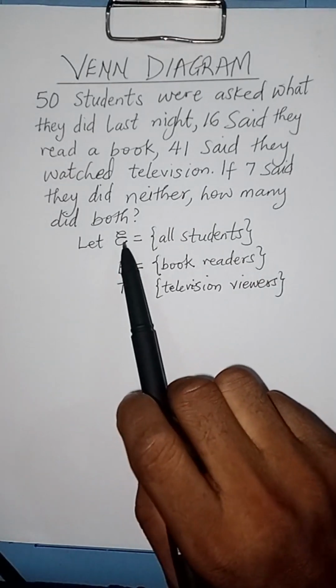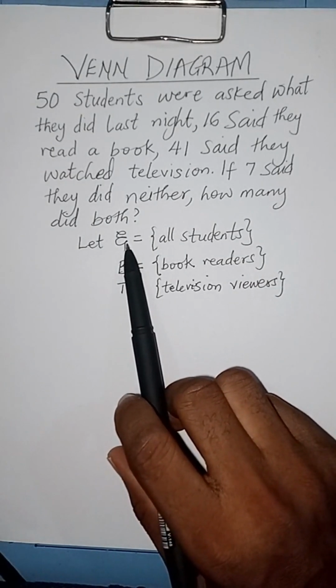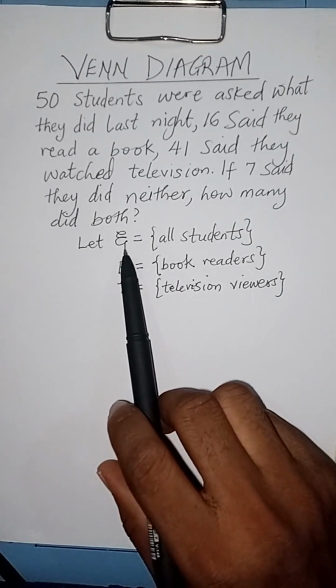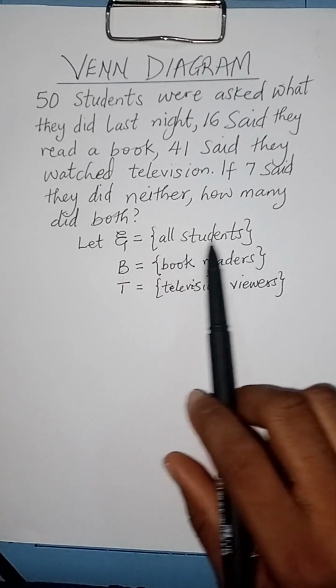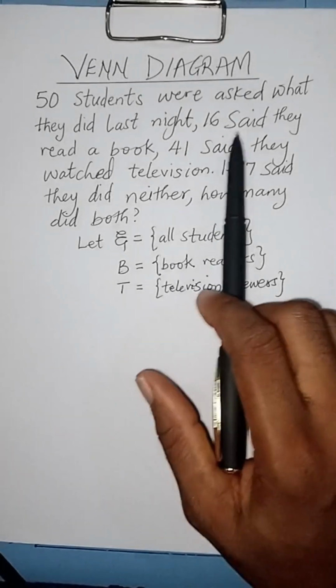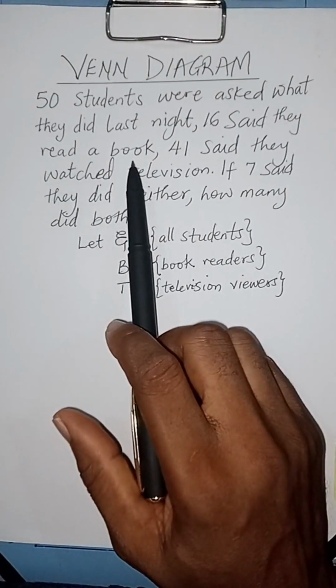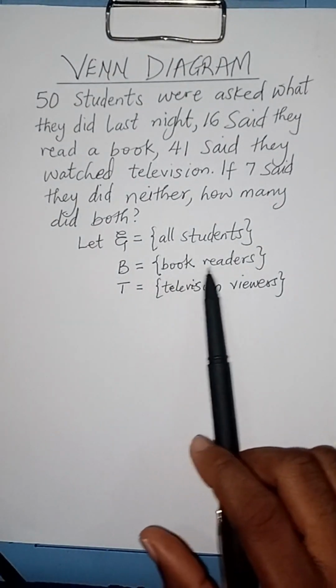Recall this symbol is the universal set, and that universal set stands for all students, so the entire 50 students. Then we'll use a letter to represent another set. And because it says 16 read a book, I decided to use the capital letter B to represent the book readers.